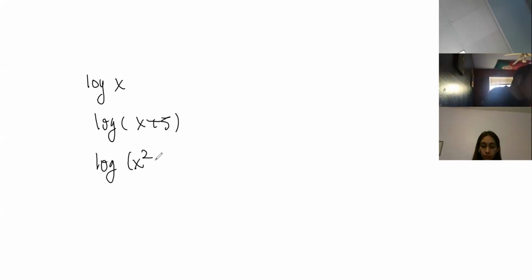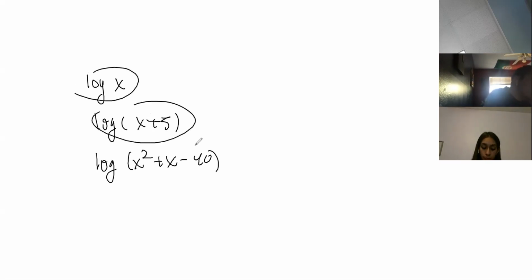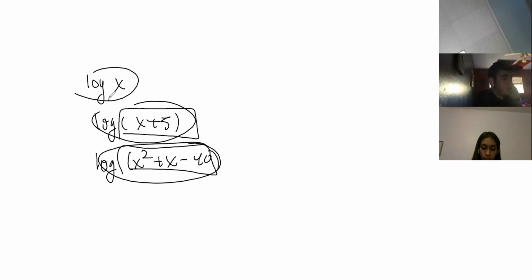Okay. How do you know when to check your x values? If you have anything with a log of x or log of x plus 5 or log of x squared plus x minus 40, whatever it may be, if there's a log in the original problem, you check anywhere that log existed, in those pieces right there.